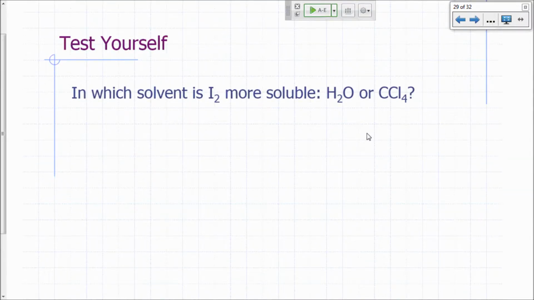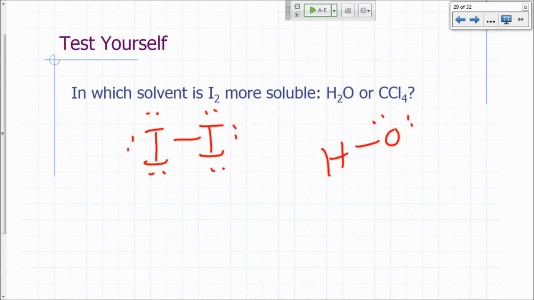In which solvent is iodine more soluble, H2O or CCl4? What's iodine? Nonpolar. And water, you know water by now, and CCl4.